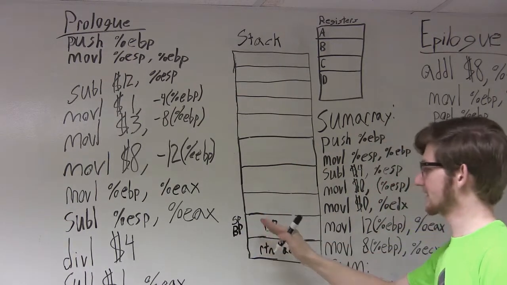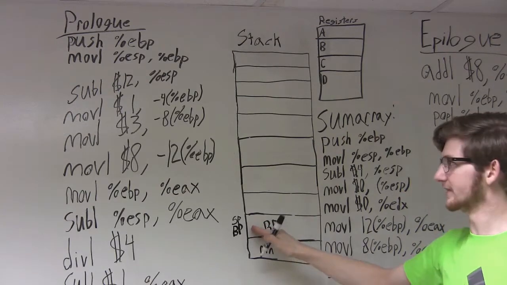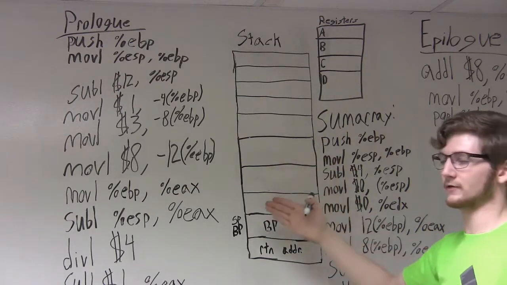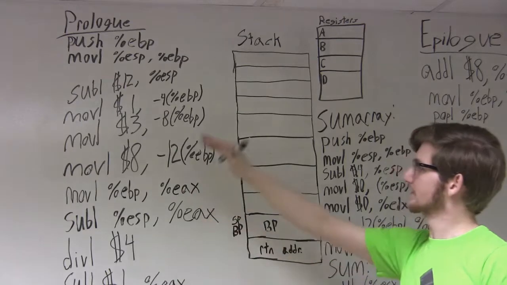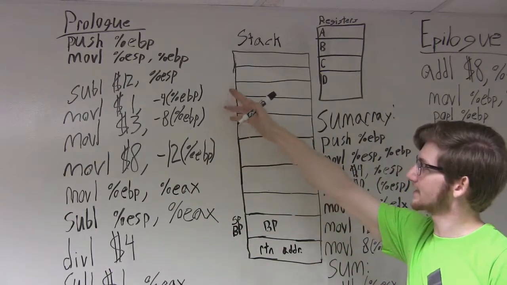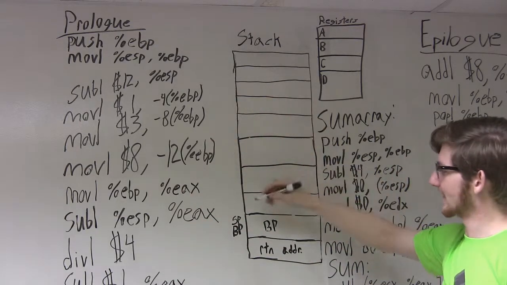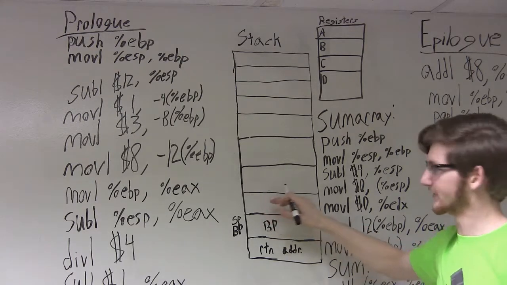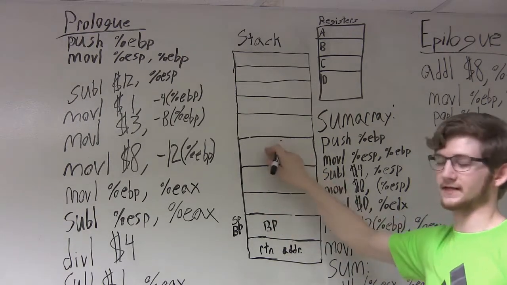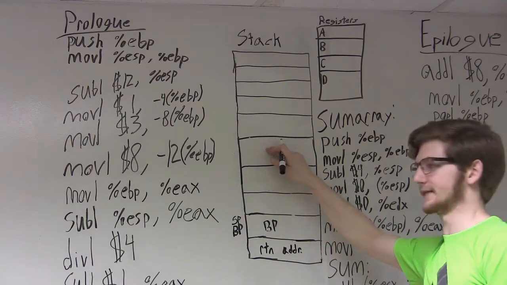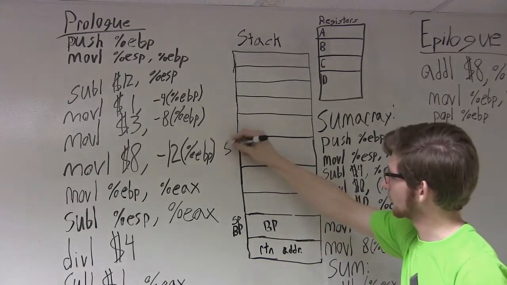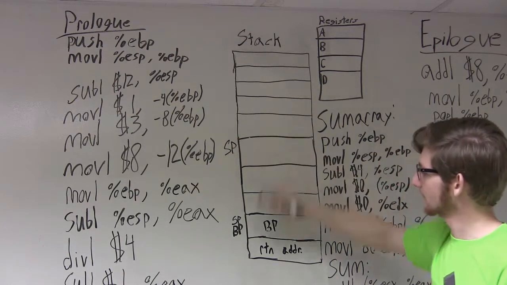We are going to be leaving the base pointer here to act as a reference for following declarations and such. We are then going to subtract 12 bytes from ESP, the stack pointer, which in a sense moves it up 3 locations because each integer takes up 4 bytes of space. So the stack pointer will currently be located right here.